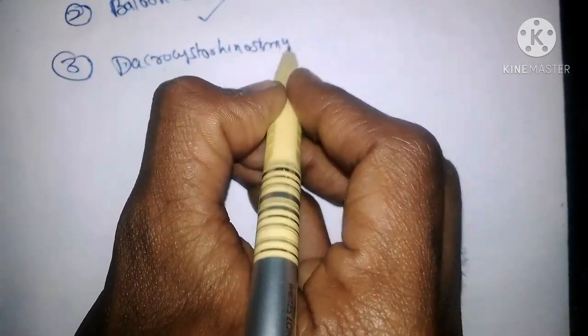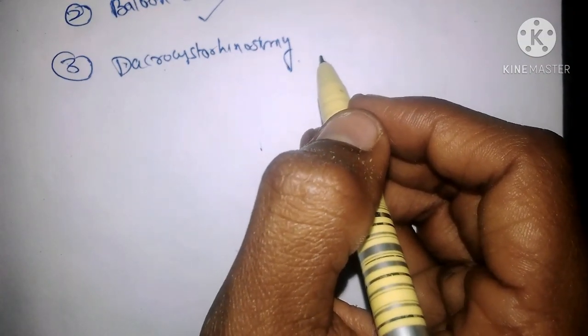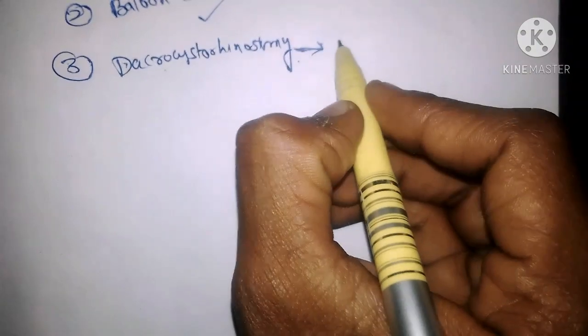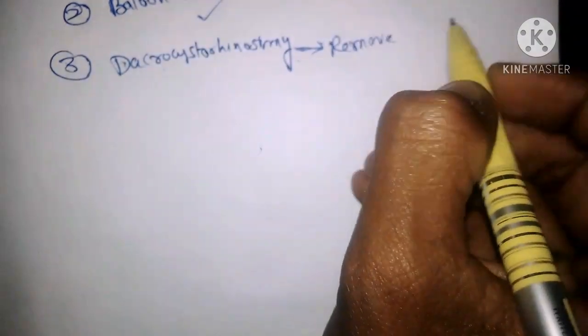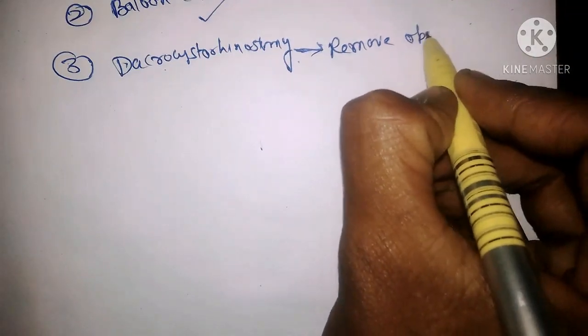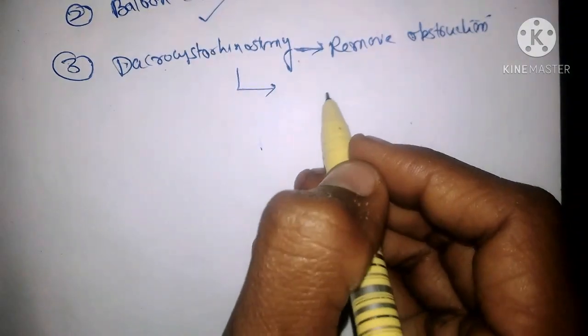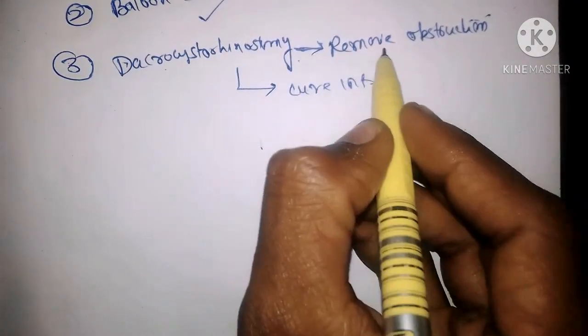Dacryocystorhinostomy. Okay, in dacryocystorhinostomy, what we do is we'll remove the obstruction in the nasolacrimal duct. Before removing, we should cure the infection. Then after, we have to do the surgery.